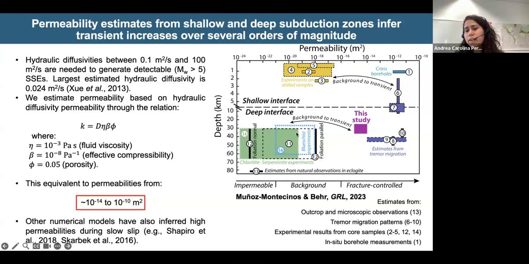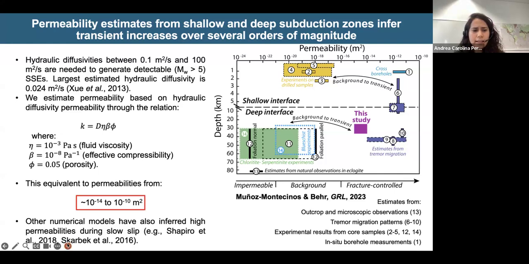And there are also other estimations that suggest a transient increase in permeability that could shift these permeability estimates several orders of magnitude upwards, up to 8 orders of magnitude.